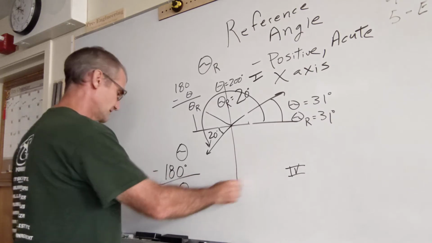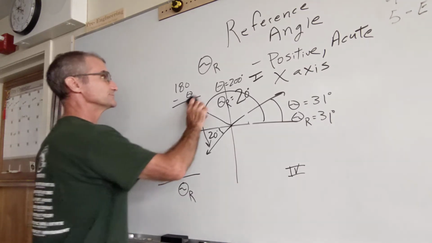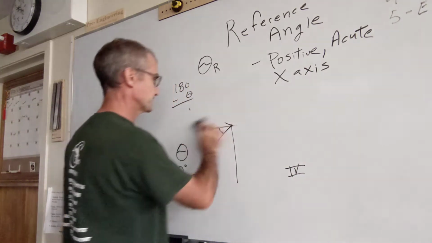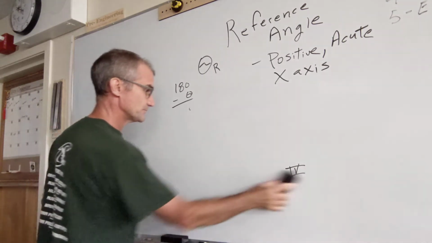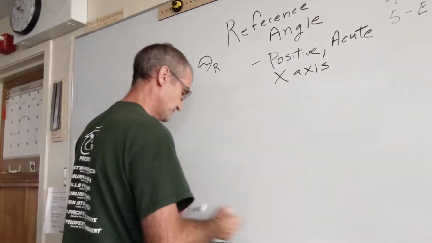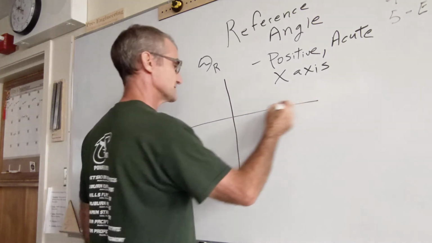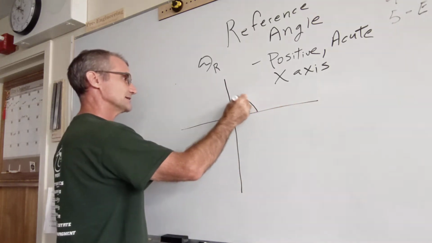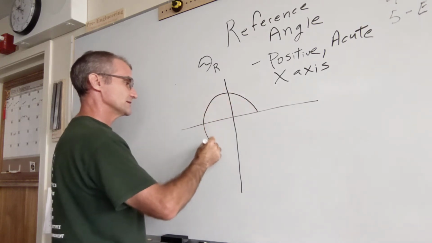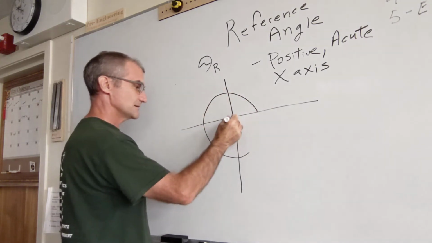And now let's take a look at a fourth quadrant value. Make a little more room here. In the fourth quadrant, let's say I start right here, I rotate around 90, 180, 270, 280.